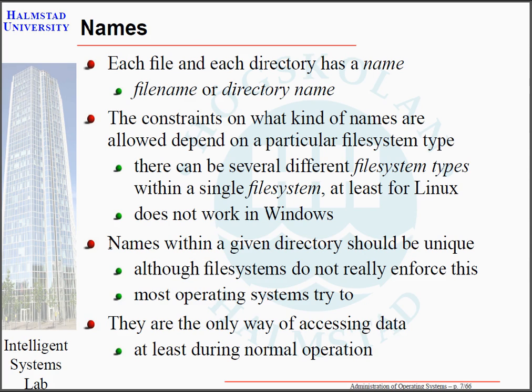Also, within a given directory, names should be unique because names are the only way you have to access the data. But typically, it's not really the file systems that enforce it. It's only the operating system that enforces it. When you create a file, it first checks that there is no file with the same name. And if there isn't, only then does it allow you to create a file.